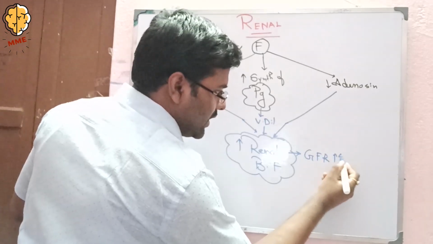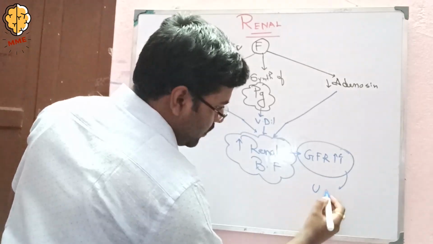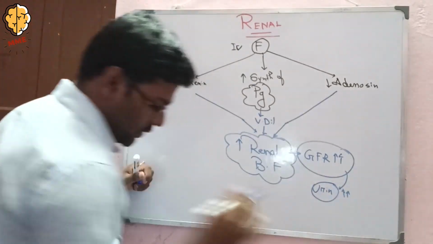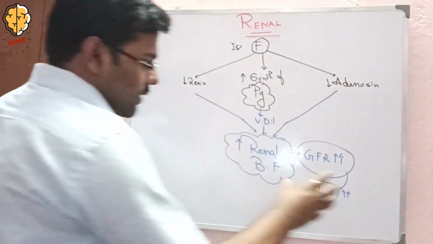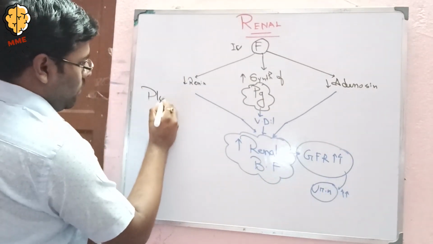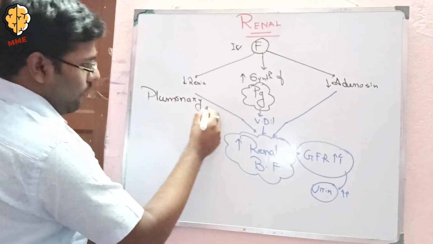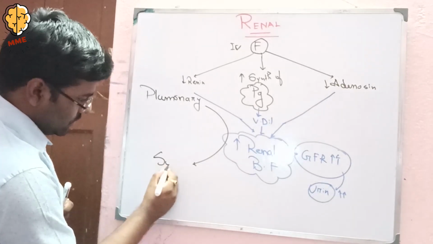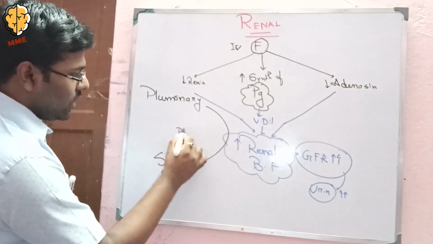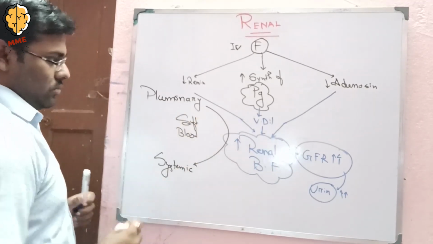If the GFR is increased, okay, then the urine outflow is increased. Okay. If the urine outflow is increased, then blood will shift from the pulmonary to the systemic circulation. Okay.